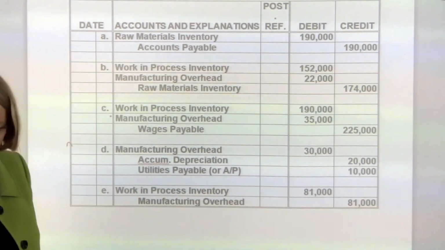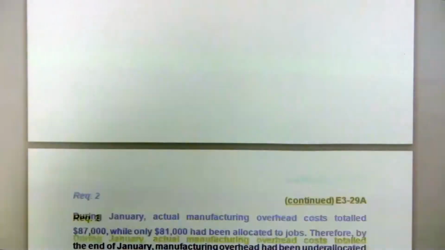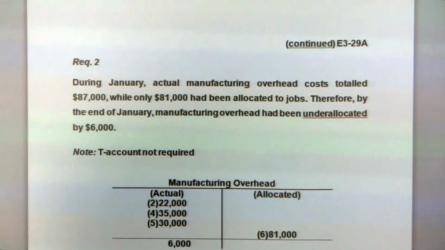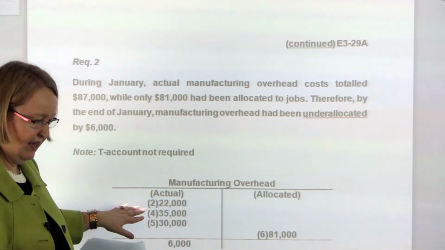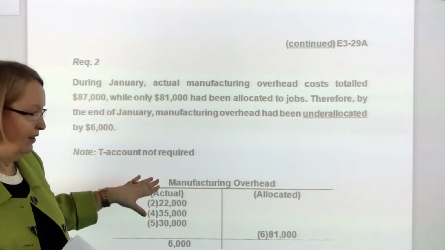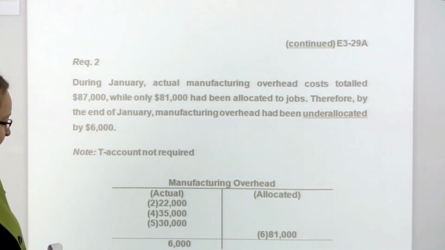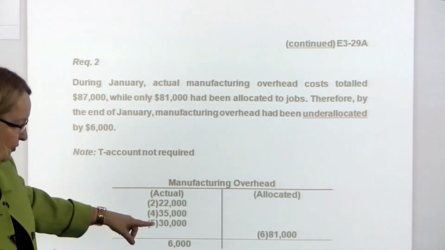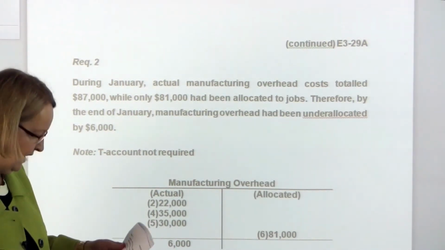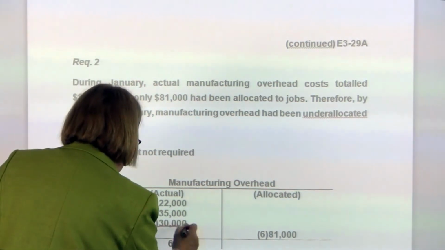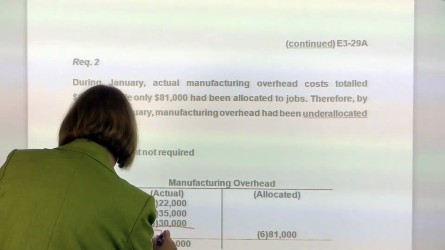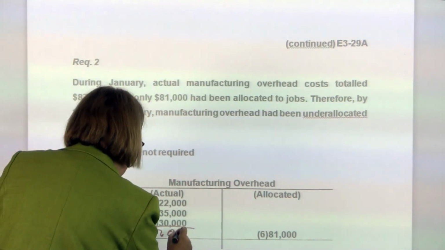And we'll just scroll down here, and we can see that we have the three amounts that we have allocated, which we've just done in our journal entries. So these three amounts actually add up here to $87,000.